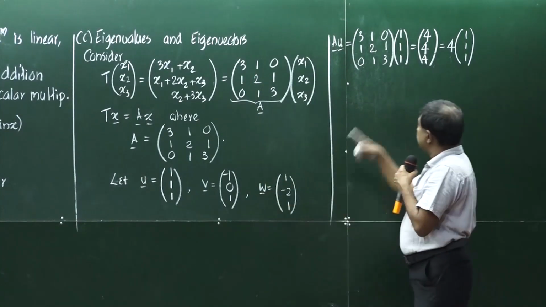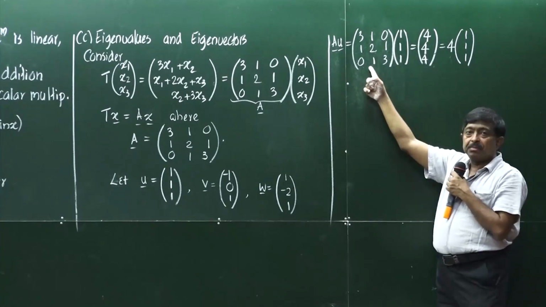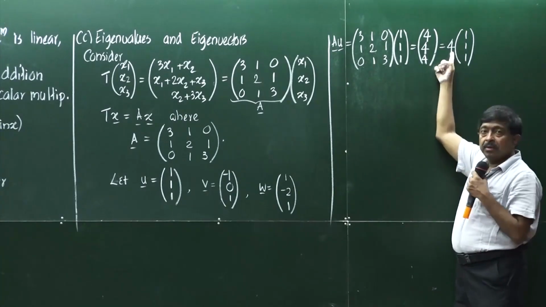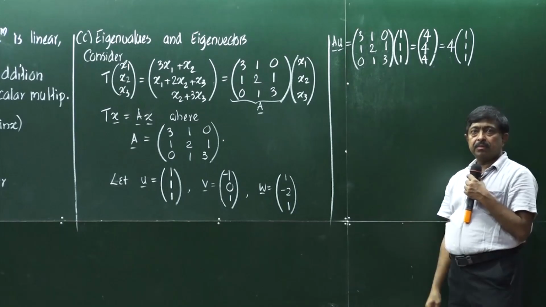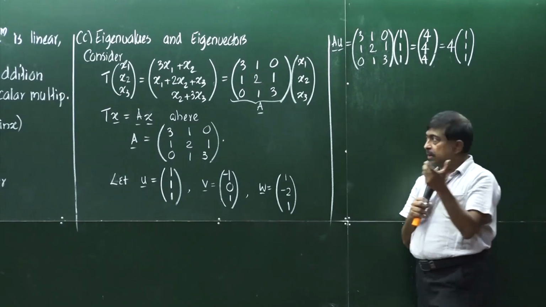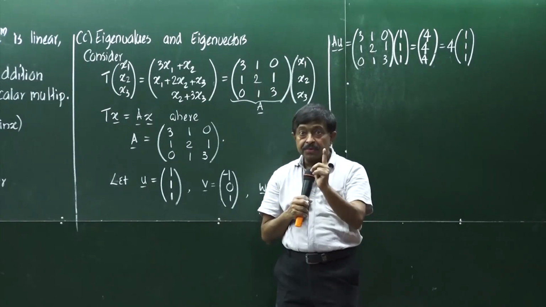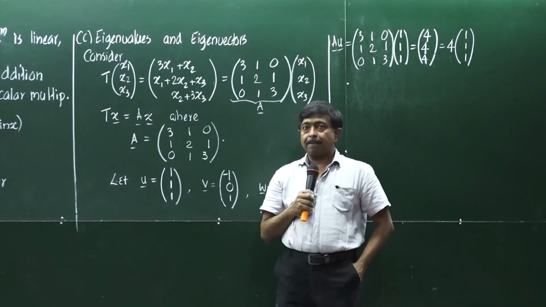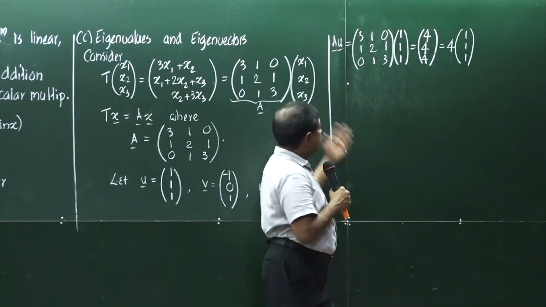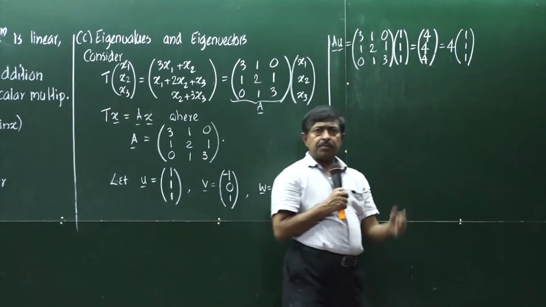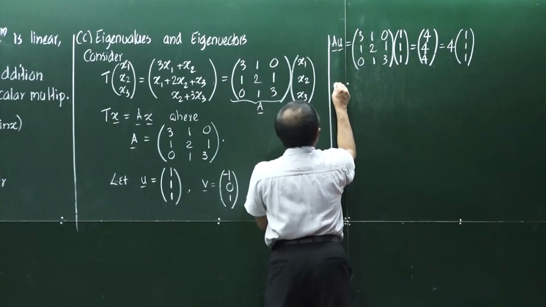Now, it's even simpler. Pre-multiplication by a matrix is equal to what? Multiplication by a number. Easy. So, in that event, the whole transformation can be represented by just a number. Right? Because look, Tx is 4x. Simple. Right? Let's take this one. AV.